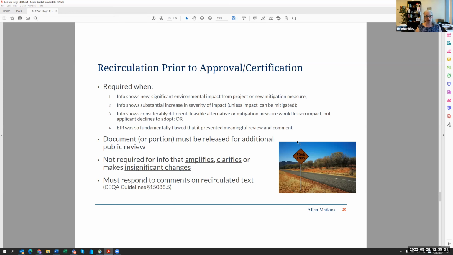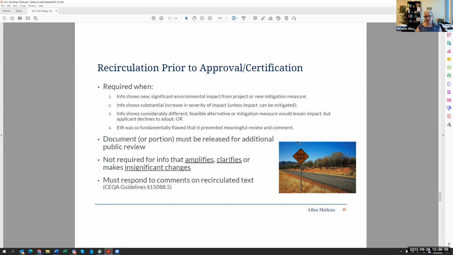Or, and this has happened, the EIR was just so terribly bad that it was not meeting the disclosure requirements of CEQA. Once in a while, we still see that, sometimes with smaller jurisdictions or one-off projects that for whatever reason just blow up.